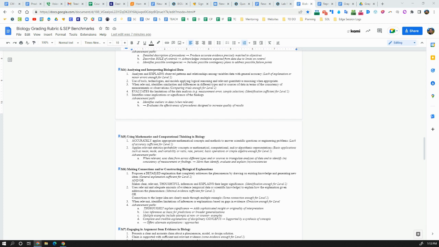But the highest level expects you to do more complicated statistical analysis, graphing to represent the data, or in the case of mathematical applications such as the Hardy-Weinberg principle, trying to predict the results of genetic crosses or calculate relationships in taxonomy analysis or things like that. Those are examples of when you actually do math in the process of answering a scientific question. That is where you really want to take this standard.